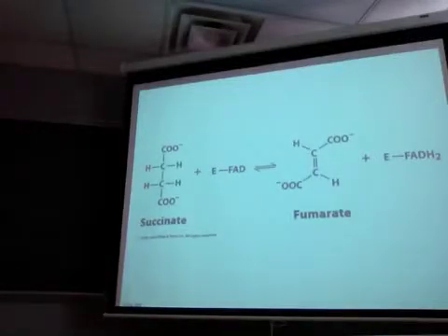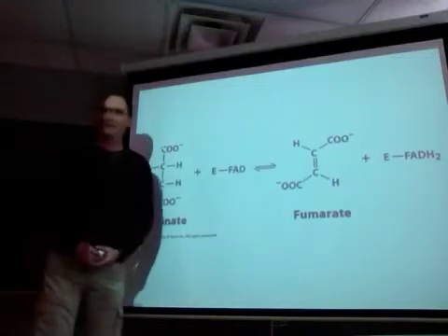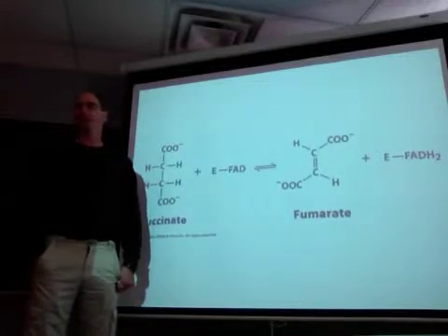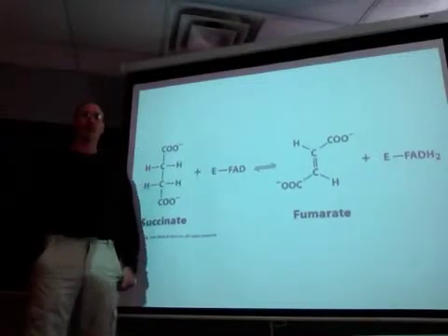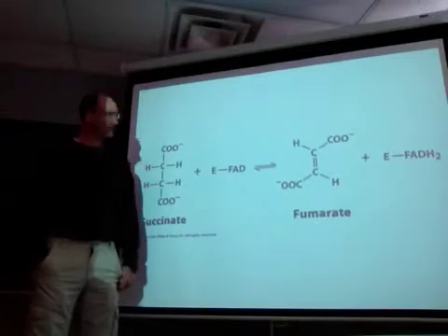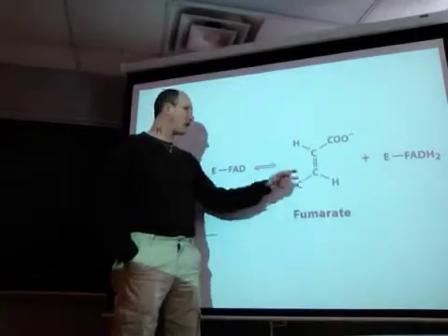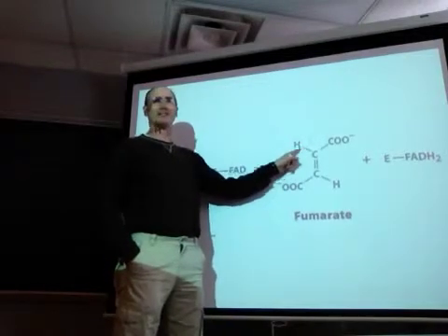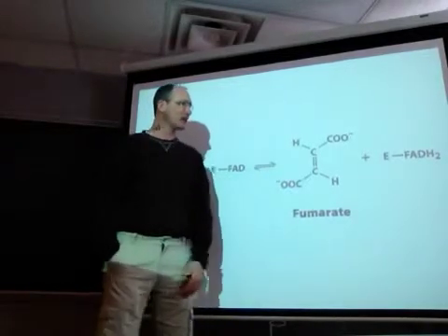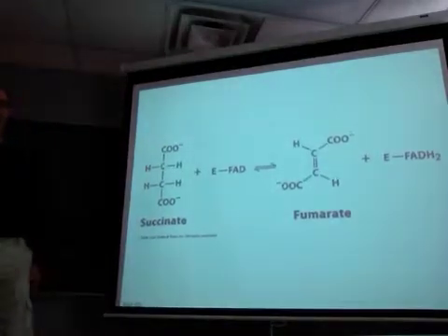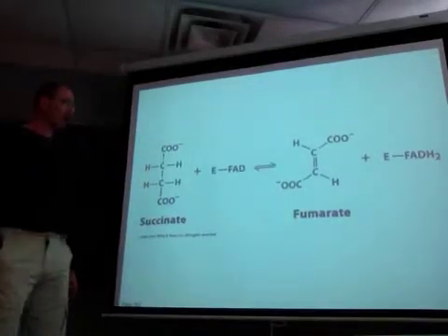Okay? We won't talk about the mechanism of this one, but trust me that that is the case. So since we're doing this chemistry next to a carbonyl, what is probably involved? Carbanion. So we're going to create a carbanion and then transfer 2 electrons as a hydride ion. So again, we take advantage of FAD's flexibility here.